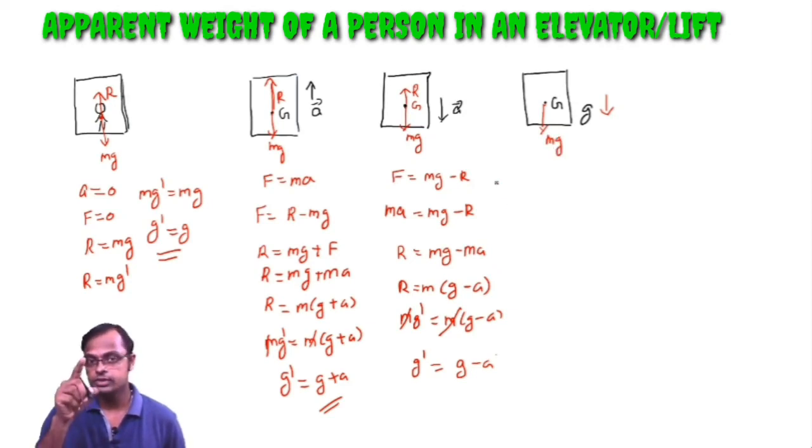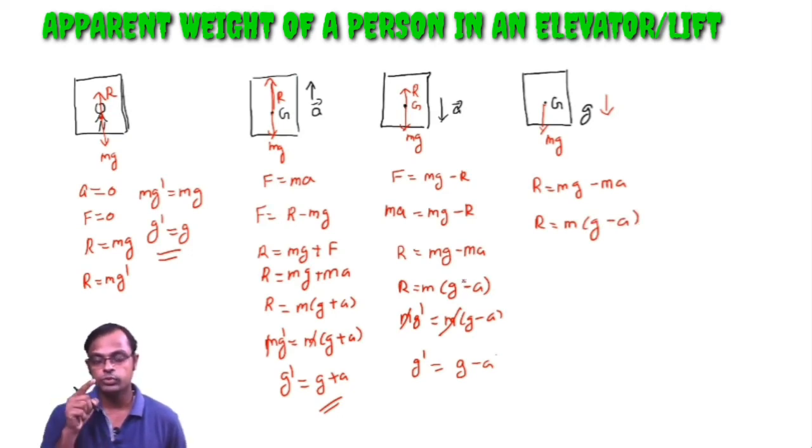So when the lift is vertically coming downward, what is the formula we have discussed just now? That is R is equal to mg minus ma, or R is equal to m into (g minus a). So in this case, with what acceleration is the lift coming down?